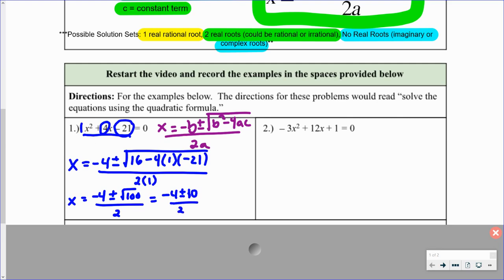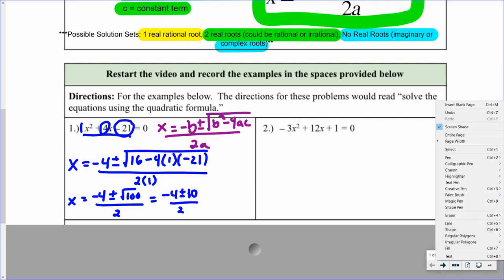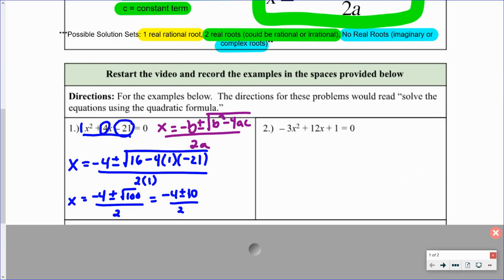All right, so right now we know we're going to get 2 roots, and let me show you why that is. Let me grab a different color pen. So the first root that we're going to see is negative 4 plus 10, then divide that by 2, and negative 4 minus 10, and divide that by 2. So x is going to equal negative 4 plus 10 over 2, which evaluates to 3.